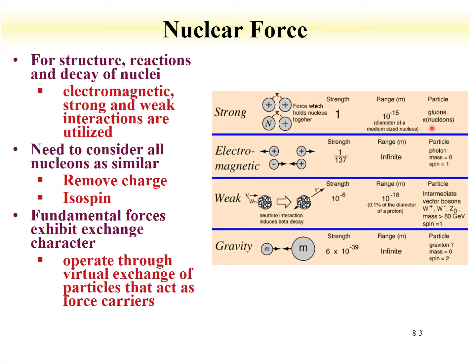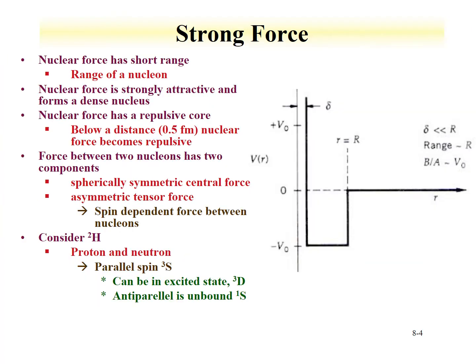And again, there are particles that are associated with the exchange. As we've already seen, the strong force has a relatively short range. It's on the range of a nucleon. This is one of the reasons why the nucleus is dense. This strong force makes this attractive force in the nucleus so that the nuclear material winds up being extremely dense.